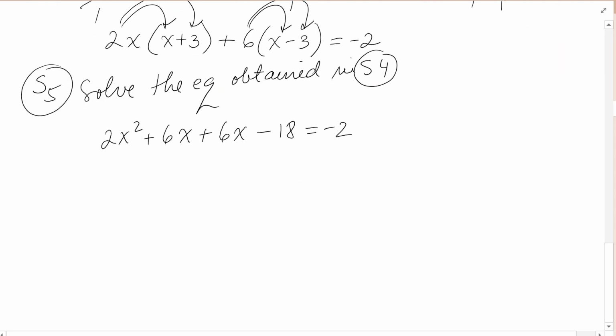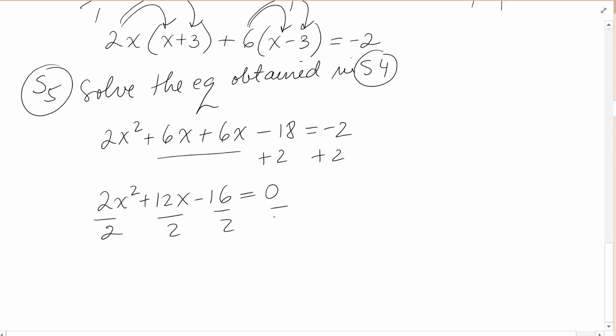So let's solve it. Add like terms, move this number on the left, so 2x squared plus 12x minus 16 equals 0. I also noticed that all these can be divided by 2, so I'm going to divide by 2. And we get x squared plus 6x minus 8 equals 0.